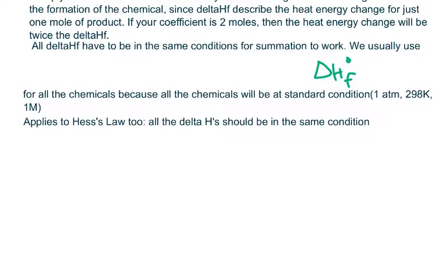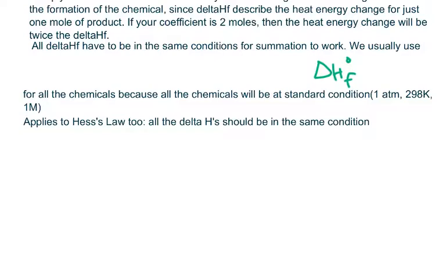Now let's talk about something called the summation of heats of formation. It states that the ΔH of any reaction will be the sum of the ΔHf's of products, considering the coefficients, minus the sum of the ΔHf's of the reactants, considering coefficients.